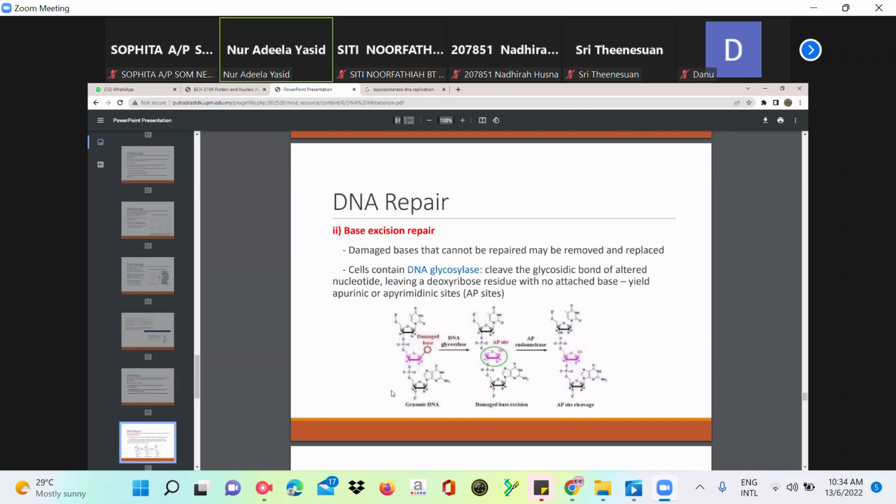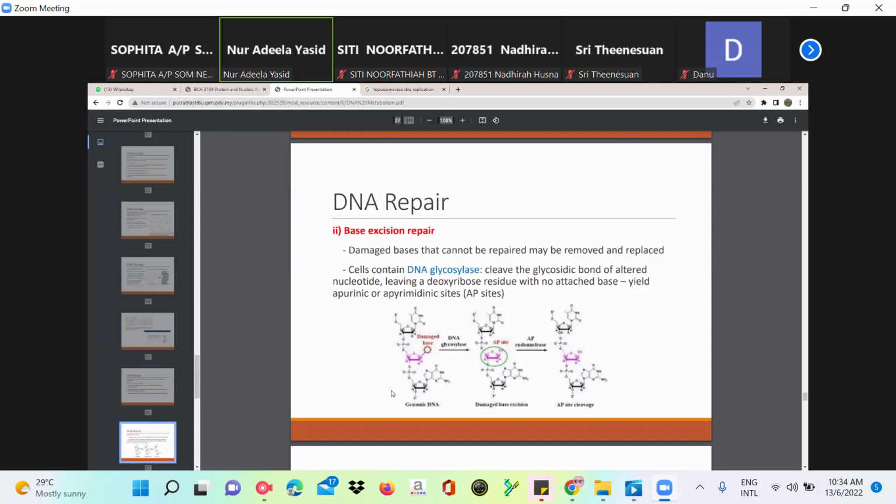Another one is base excision repair. This one is for bases that can be repaired by removal or replacement. This enzyme cleaves the glycosidic bond of the altered nucleotide, leaving a deoxyribose residue with no attached base.